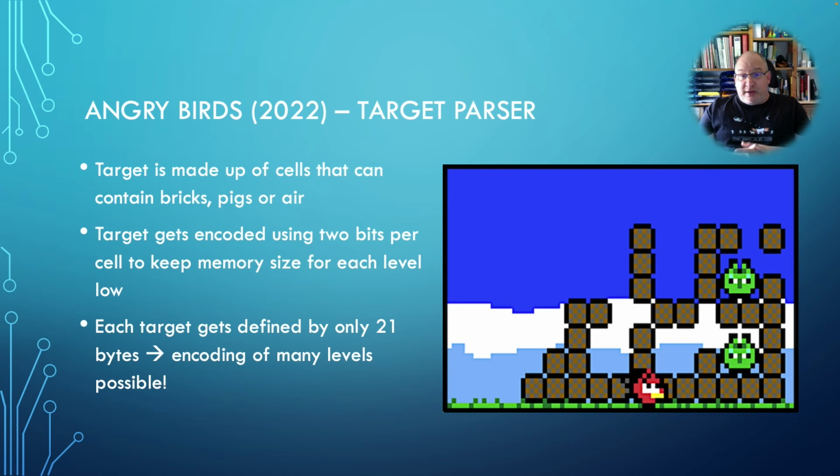At the moment we use 2 bits per cell to record what's in the cell, and this way we can keep the memory size for each level pretty low. So we only need 21 bytes to encode a level, and this makes it possible to put many different levels into the game. And this also allows for extension packs of the game in the future, where we can deliver new levels.